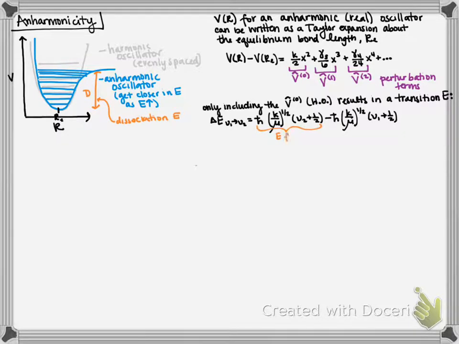Because individually, h bar, square root of k over mu, nu plus 1/2 is simply the resulting energy for a harmonic oscillator from the Schrodinger equation. And so we can combine that to say h bar, square root of k over mu, v2 minus v1, which we've seen before and we've used this equation before.